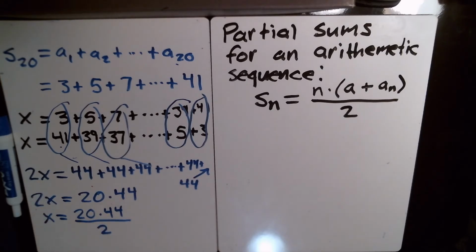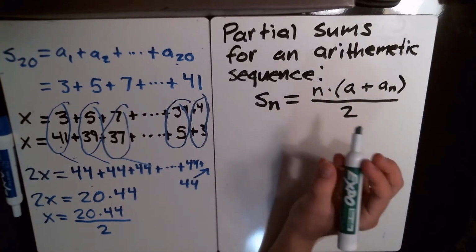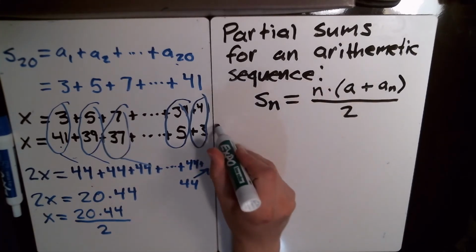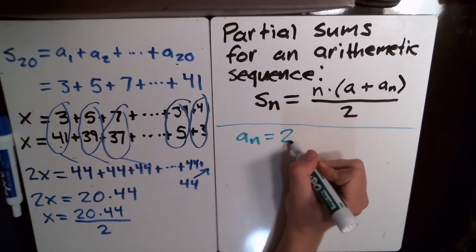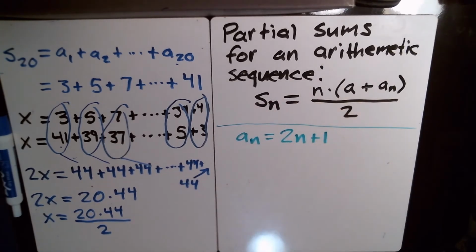So let's see what happens when we use this formula on the example that we just did. Remember, the sequence we were dealing with before was a sub n is 2n plus 1, right?